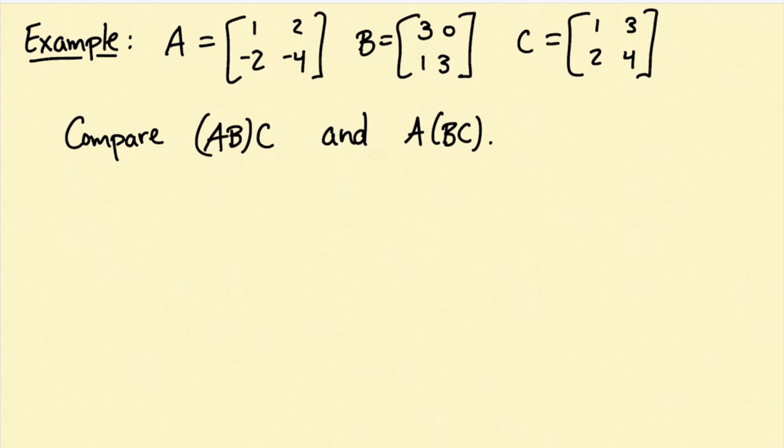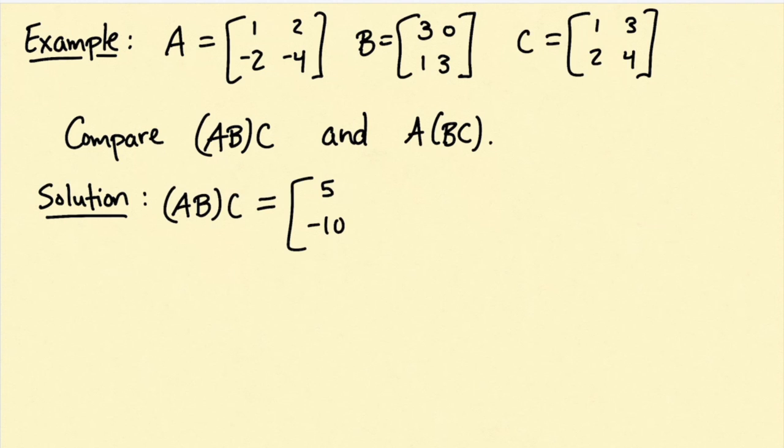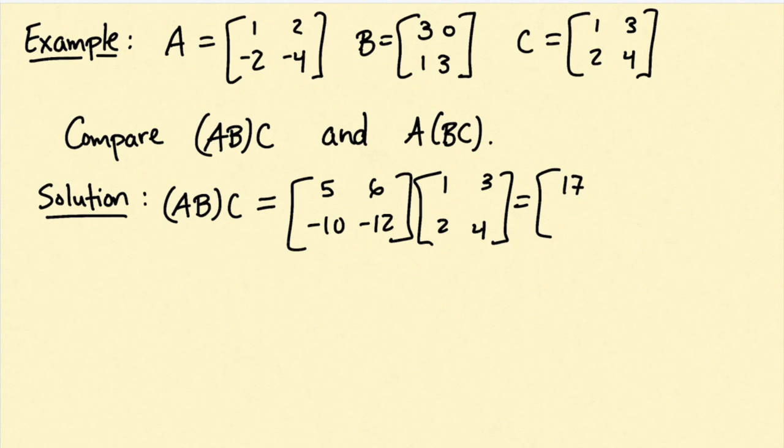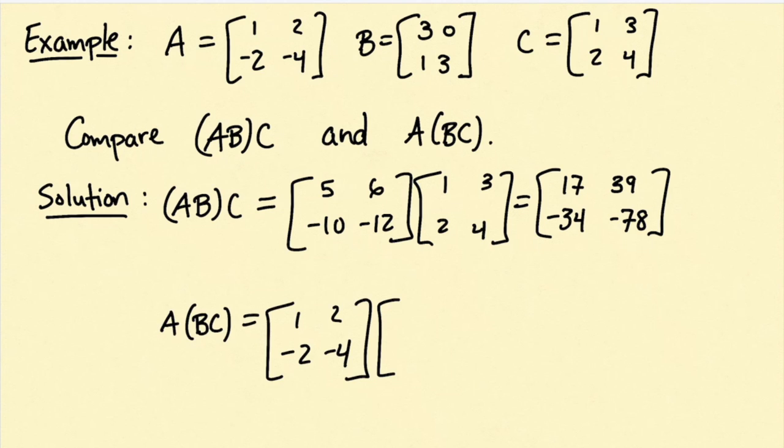So now that you've had a minute to work on this on your own, here's the solution. We've already computed AB above. That's the matrix with columns 5, -10 and 6, -12. So we multiply that by C on the right, and we get 17, -34 and 39, -78. Going in the other order, when we multiply B and C together, we get 3 plus 0 and 1 plus 6 in the first column, 9 plus 0 and 3 plus 12 in the second column.